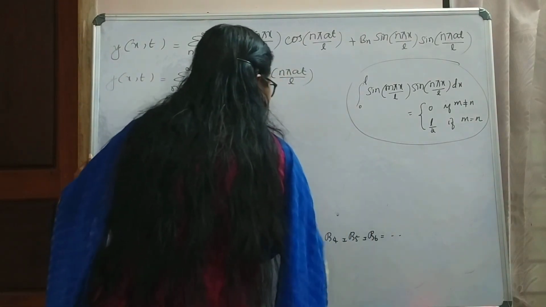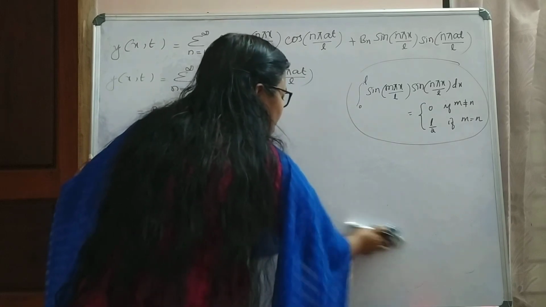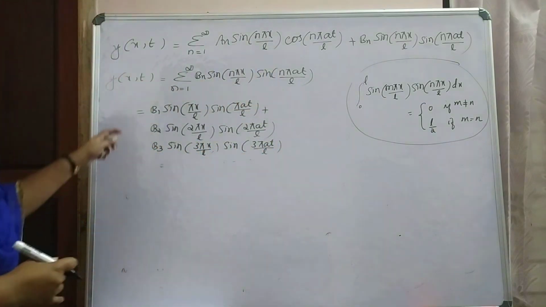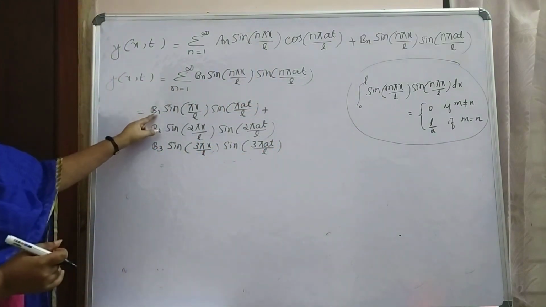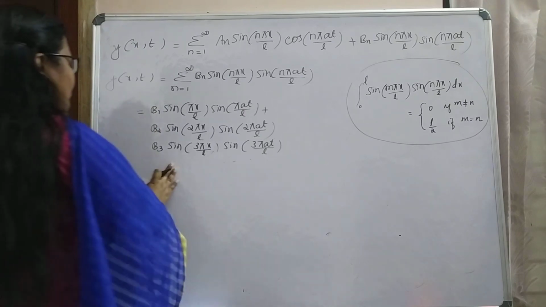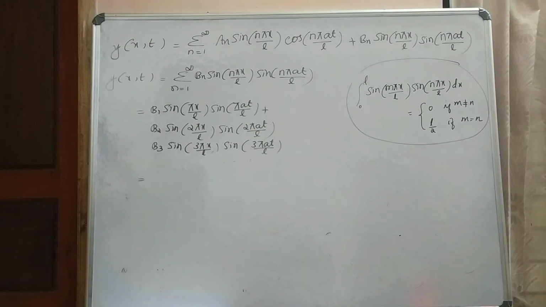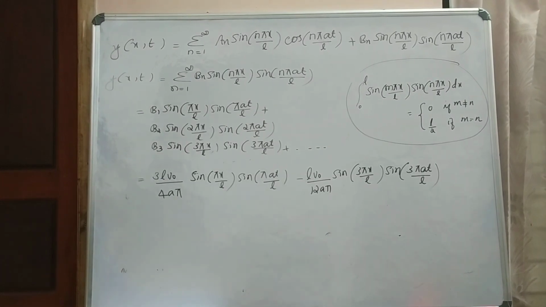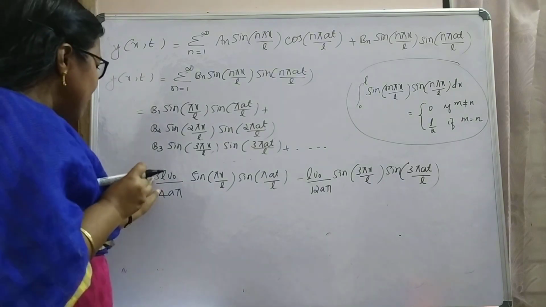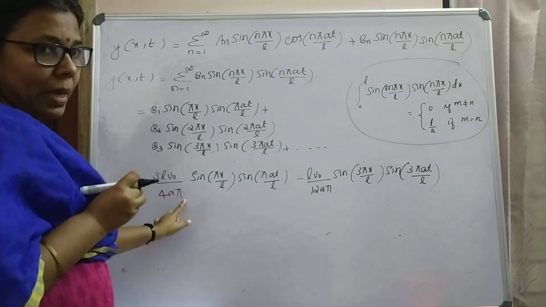Here the value for b2 equal to 0. Only value for b1 is there and b3 is there. Here value for b1 is 3Lv0 by 4aπ.